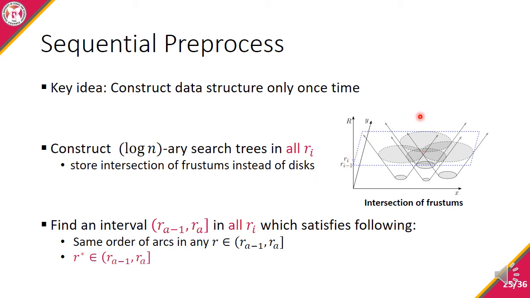Using this data structure, we find an interval of R values, such that the order of arcs is the same for any R in this interval and the optimal value R star is in this interval. Finally, construct data structures for this interval. Then, we can use these data structures in the parallel decision algorithm. Now, I'm going to explain the details of them.